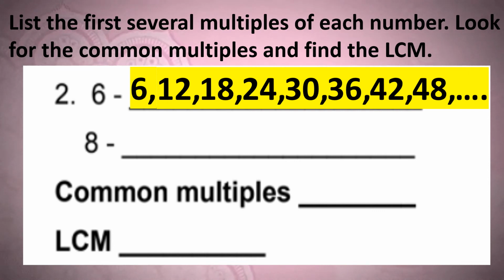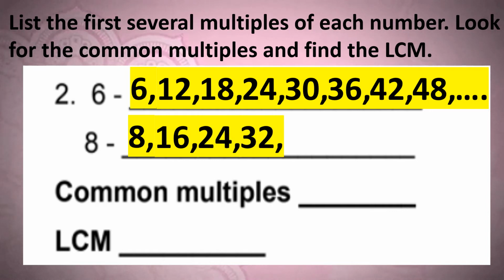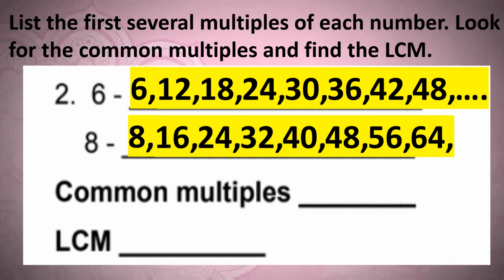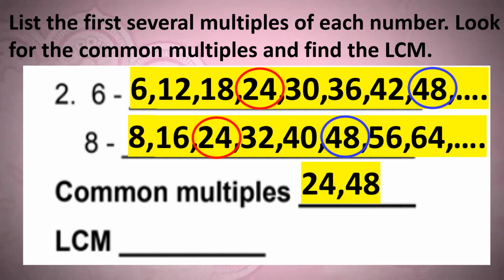For 8, we have 8, 16, 24, 32, 40, 48, 56, 64, and so on. The common multiples are 24 and 48, so the least common multiple is 24. So the LCM now is 24. Did you get it, class?